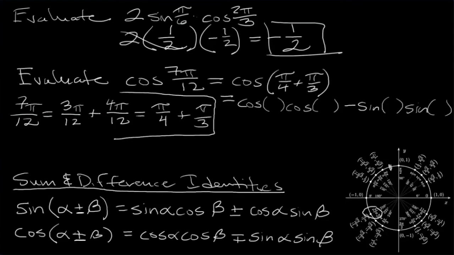And now I'm going to change colors to emphasize, because I need to keep track of one of these angles and the other angle. So pi over 4 is the first angle. And if I look, everywhere the first angle appears here, I need to put it in up here.